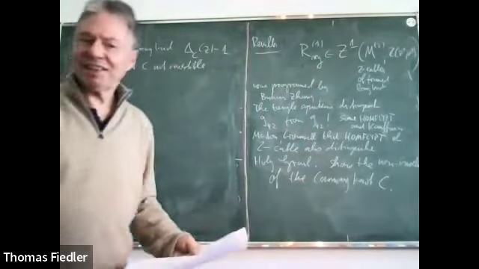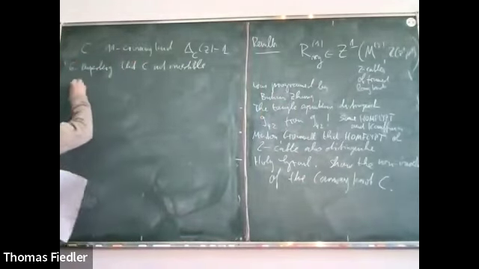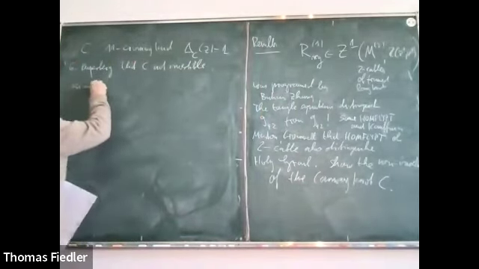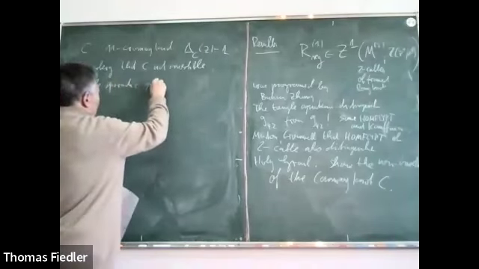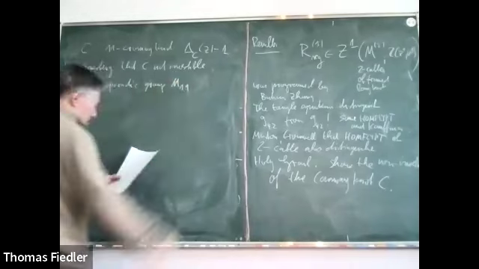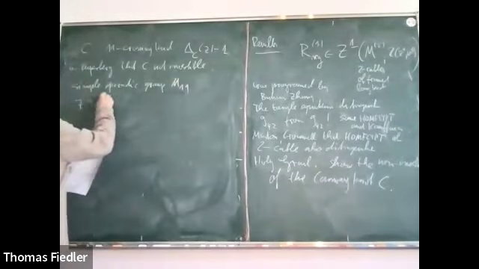Just how he did it. He did it in this way. There is a simple group, M11. It has 7,920 elements.